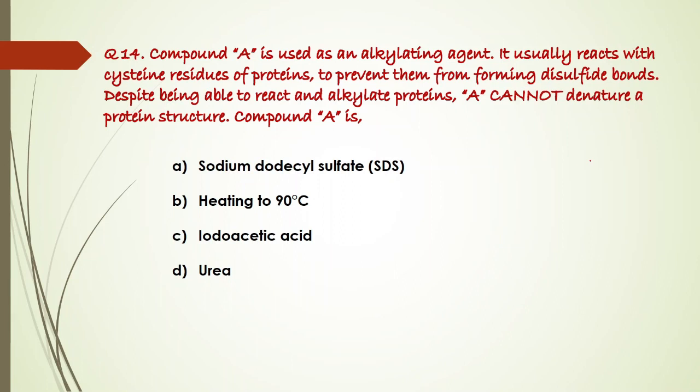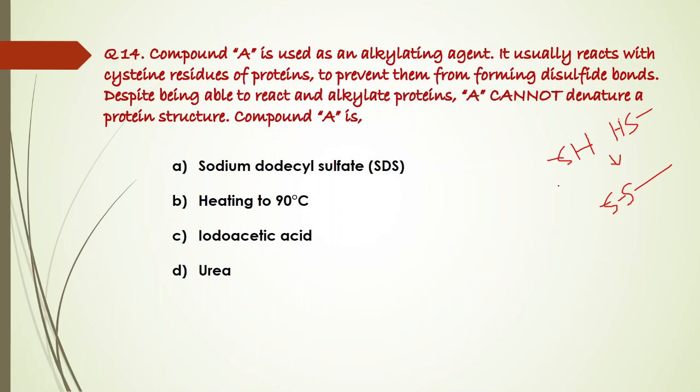So what will happen? They will no longer form the disulfide bond. To form a disulfide bond, you basically need two SH groups to come close to each other. If two of them come close, they will form the disulfide bond in the proteins. Basically, this is your reaction. Now, if you alkylate them, in place of H you place something else, and they can no longer form the disulfide bonds.